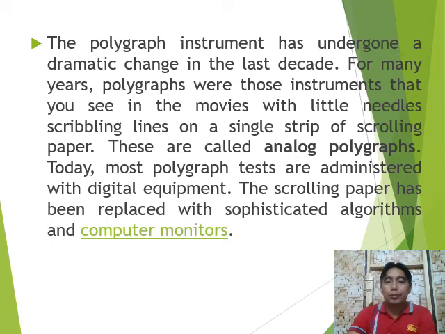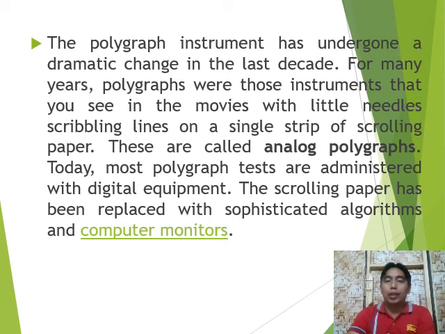The polygraph instrument has undergone a dramatic change in the last decade. That's right, it's just 100 years since Lombroso was using blood pressure, using the HYDROSPHYMOGRAPH, and here comes now the computerized polygraph. For many years, polygraphs were those instruments that you see in the movies with little needles scribbling lines on a single strip of scrolling paper.